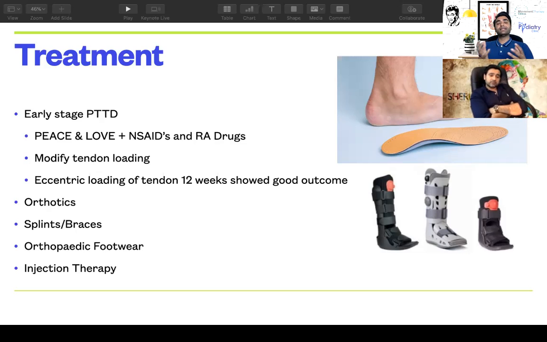While we're getting that under control, which can take a few weeks, and in some cases a couple of months, at that time I want to protect that tendon as much as possible, so that we're not causing long-term damage. And like I said, it's a scary, progressive condition, and I don't want people getting to stage 3 and stage 4 if we can help it. Okay. So I've done that.